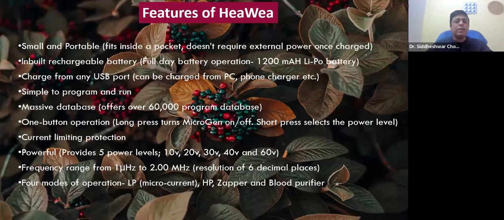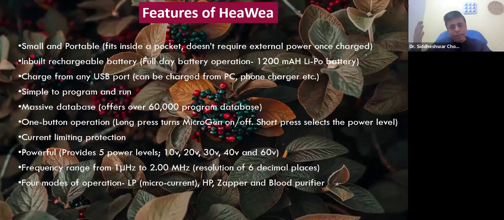Now, there is current limiting protection to HeaWea. So you never have to worry about the current fluctuation. It takes care on its own. It provides 5 powerful levels of power starting from 10 volt, 20 volt, 30 volt, 40 volt, and finally 60 volt.